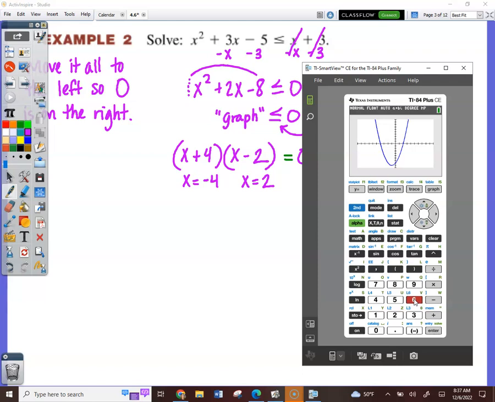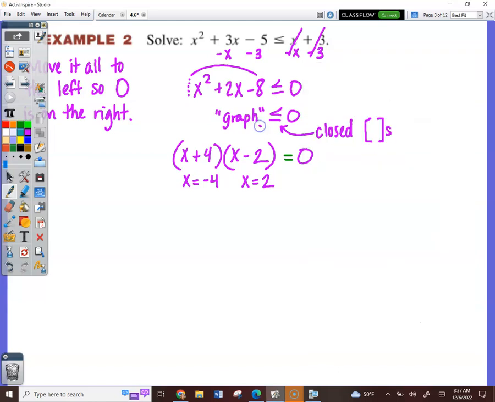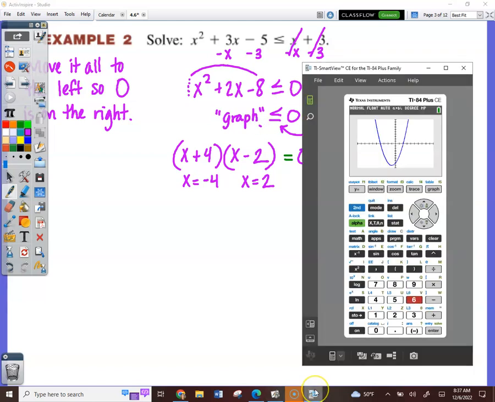Now remind yourself what the shortcut question is. Where is the graph? It says less than, so that would mean look where? Below the x-axis. So below the x-axis is going to be this portion here, right?